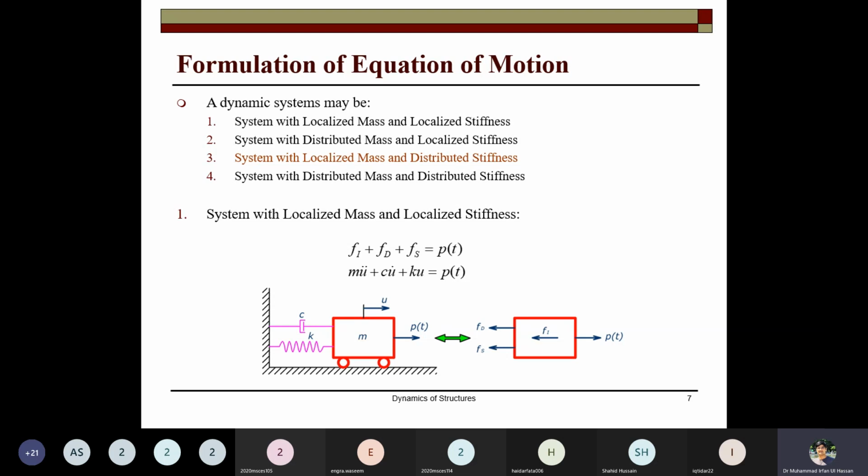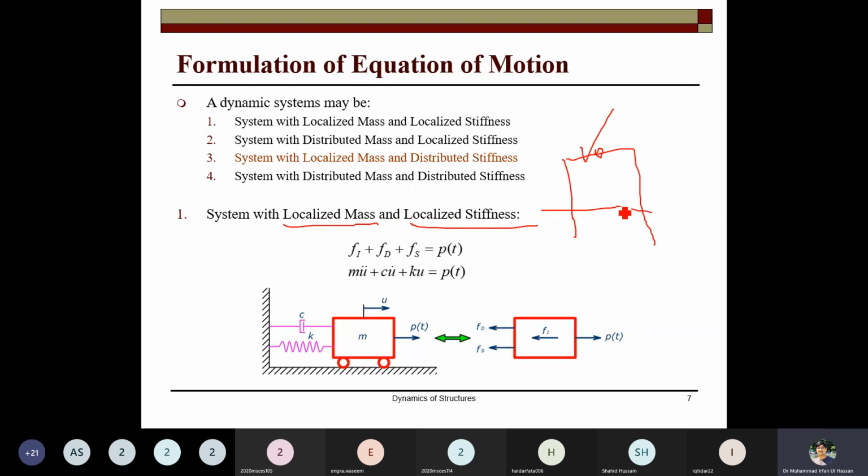Normally we consider a system with localized mass and localized stiffness, because we transfer all the mass to one level, the story level. You can include the mass of the beam and some part of the columns.